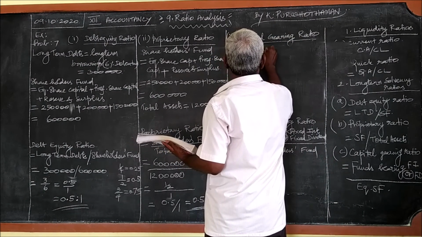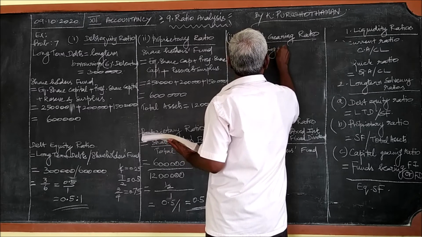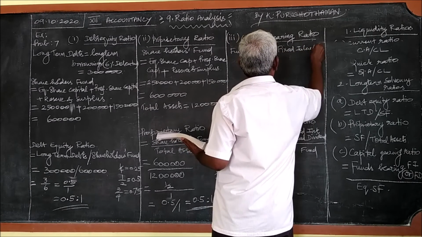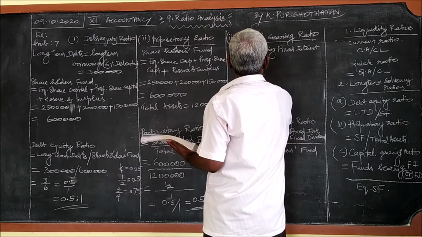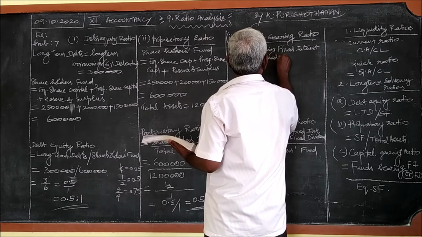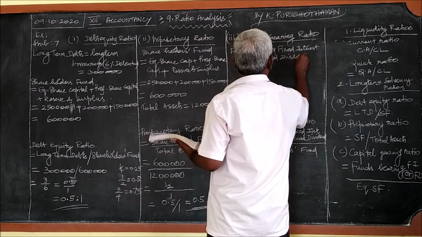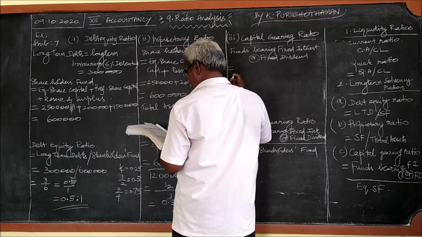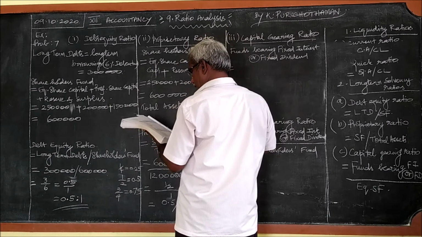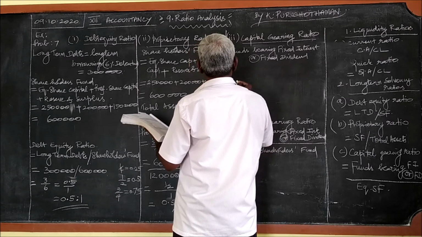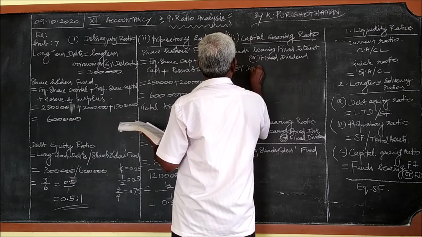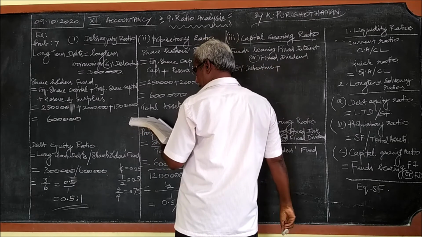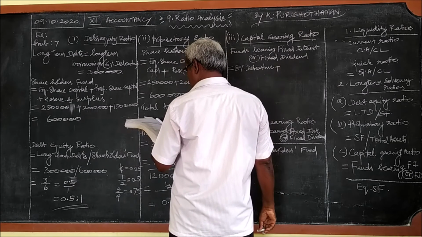Funds bearing fixed interest or fixed dividend is equal to the two items: fixed interest item is 8% debenture plus fixed dividend will be 6% preference share.